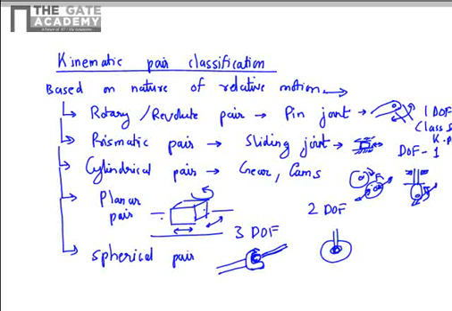Inside that, a ball goes and sits, in such a fashion that all kinds of angular motions of this ball relative to this spherical cover are allowed. So all 3 angular. So it is a class 3 kinematic pair.